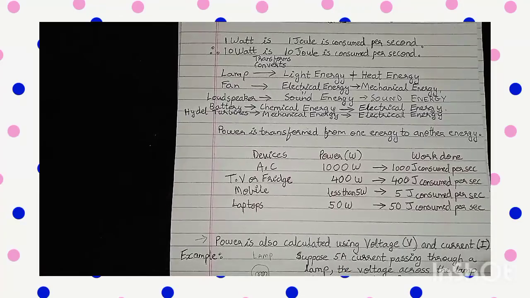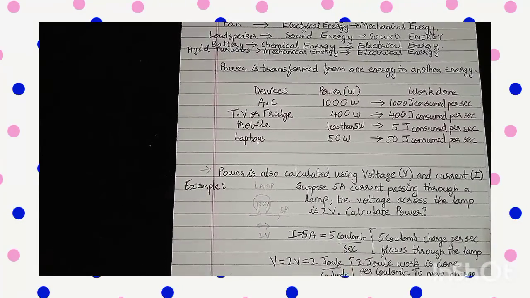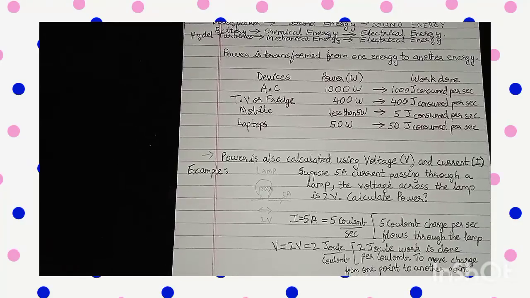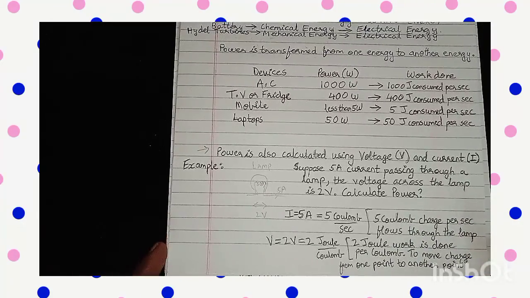Now since the concept is clear, we can directly go to one of the problems. This is the question. Before calculating in watts, we'll take one example. Power is calculated using voltage and current.